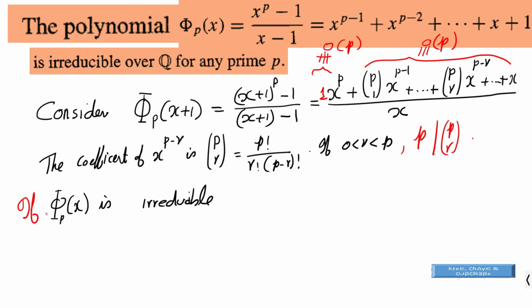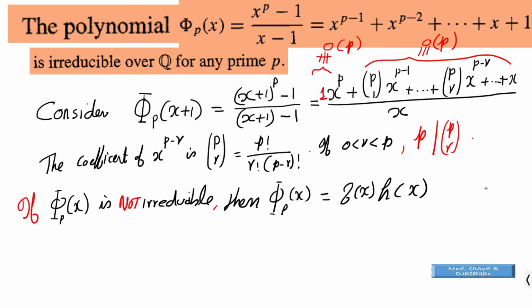So here, if phi p of x is not irreducible, then we know that you can write capital phi p of x as a product of two polynomials whose degrees are less than that of phi p of x. So if I write phi p of x is equal to, say, some f of x into h of x, where the degrees of f of x and h of x are strictly less than the degree of phi p of x, and they are from Q[x].